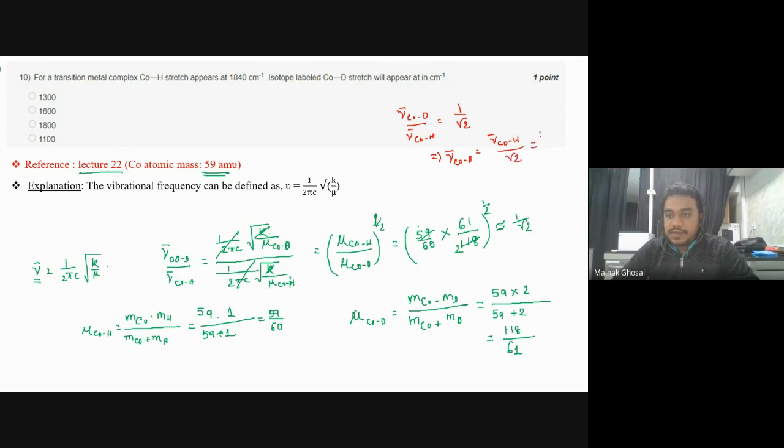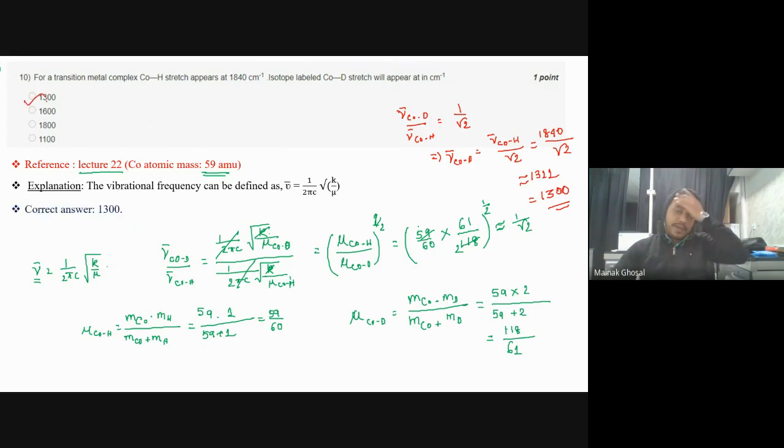It is given as 1840 for nu bar of COH. You just need to divide it by root 2, and it will give you nu bar of COD. I have calculated that, and it comes nearly 1311, with some fluctuations for different persons. So your closest answer is 1300.